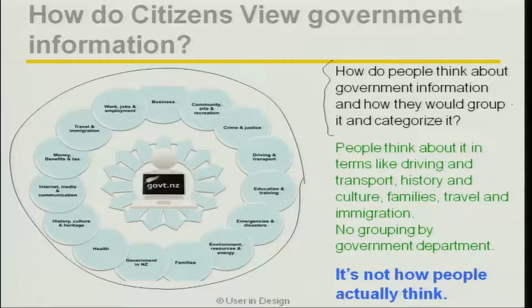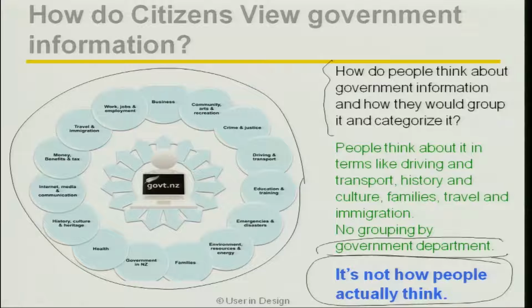How do people think about government information, and how would they group it and categorize it? Okay. Now, this is how people think about it, in terms like driving and transport, history and culture, families, travel and immigration. They do not view it as grouped by government department. It's not how people actually think.